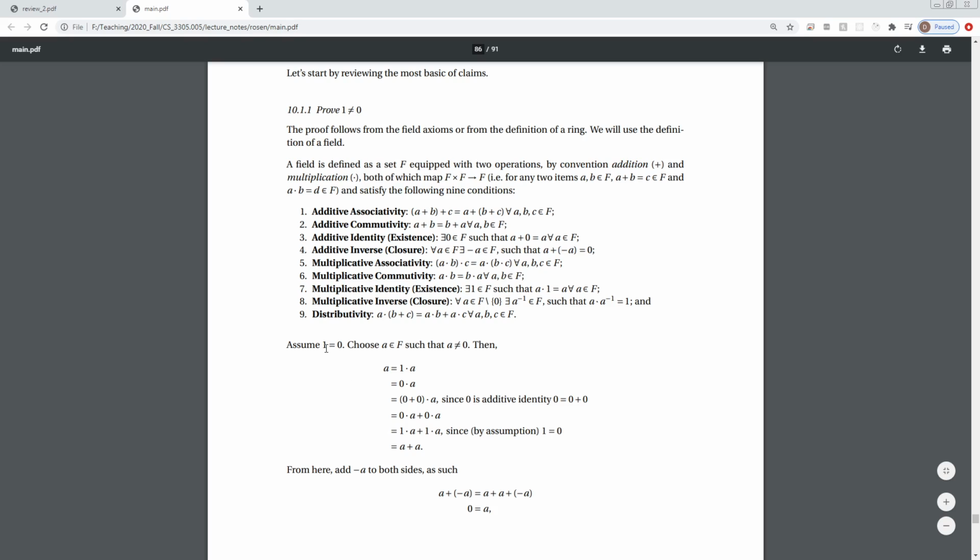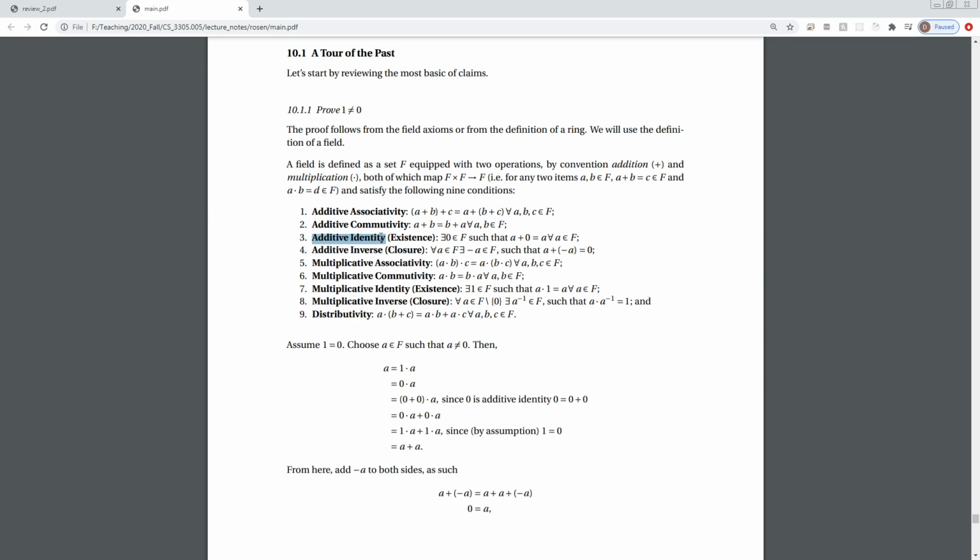Okay, so as promised, let's show that the multiplicative identity 1 is not equal to the additive identity 0. We've asserted that a field, by definition, will have both an additive identity and a multiplicative identity.